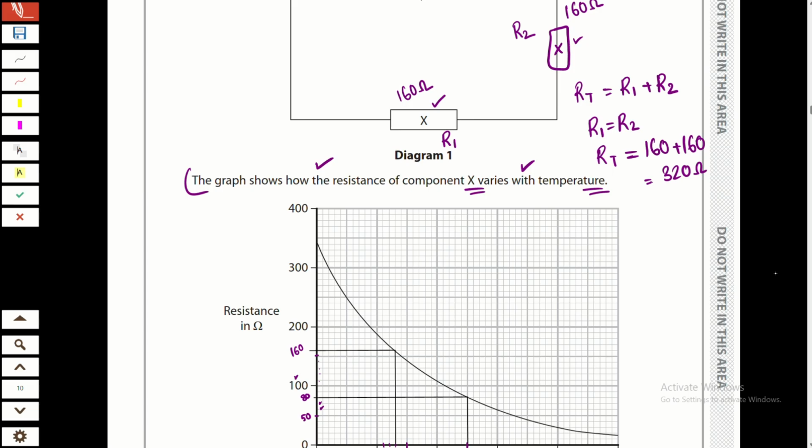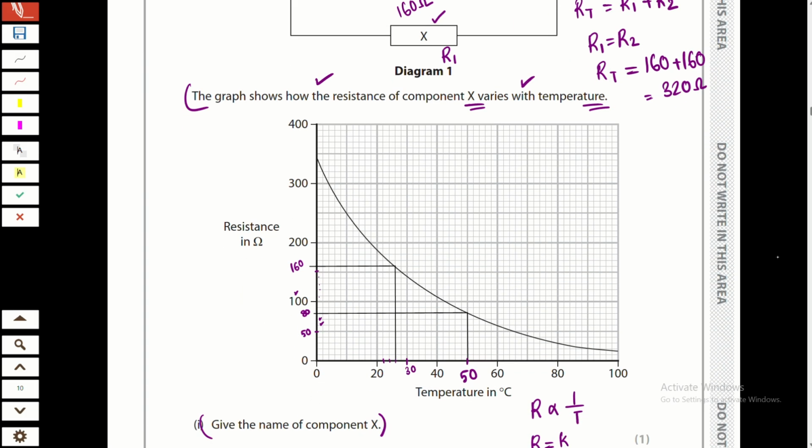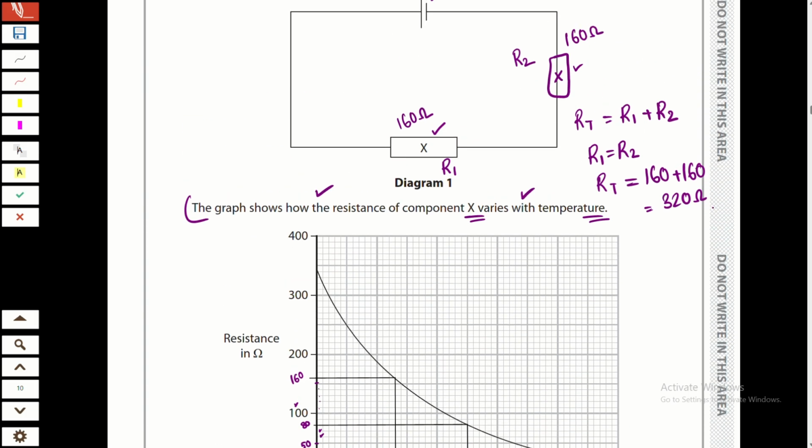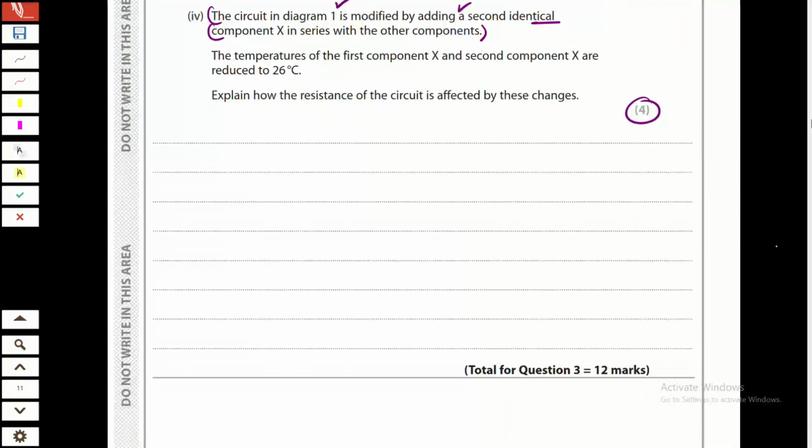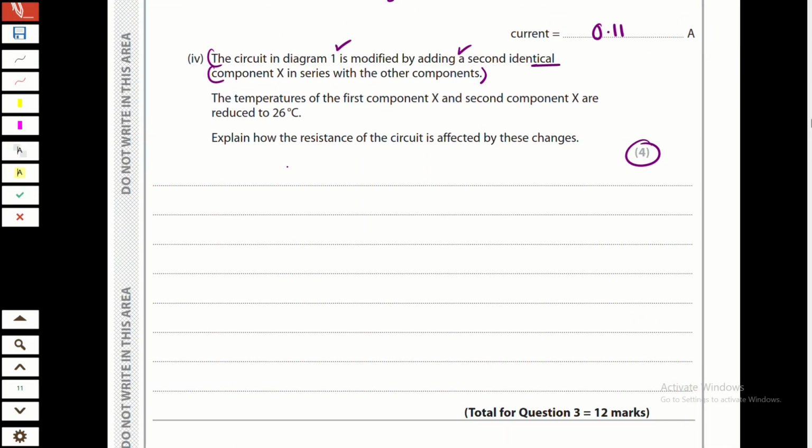We will also have to include the idea that when two components are connected in series, they will have more resistance. So that would be our answer. And finally, we will also have to write that the total resistance of the circuit is 320 ohms. So let me write the answer for you.